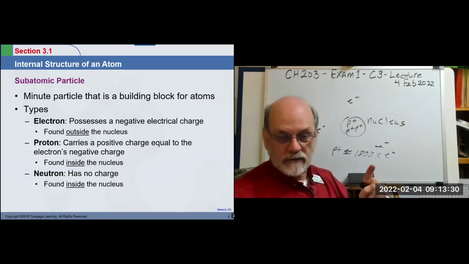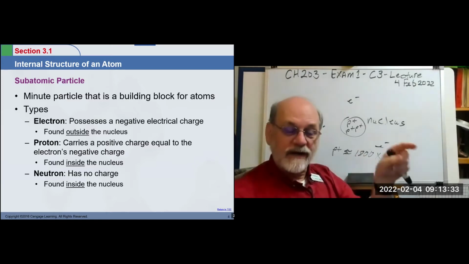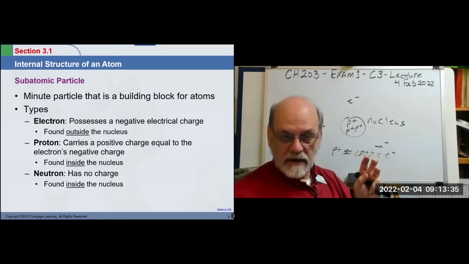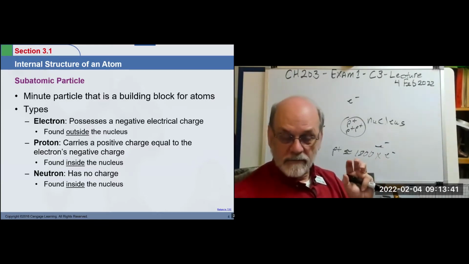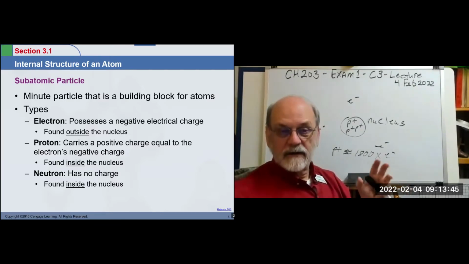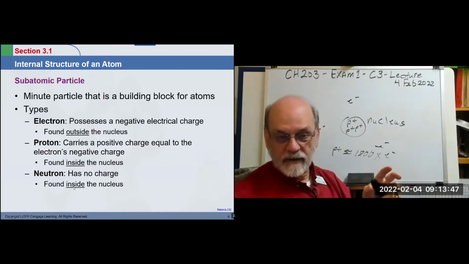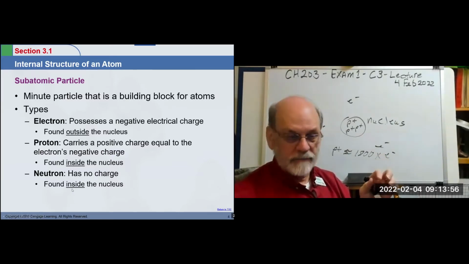It had to be neutral, because with the proton and electron, the neutrality of the atom had been established. The balanced number of electrons and protons made the atom neutral, so we can't have another charged particle in the nucleus. So Chadwick, over time, discovered and proved that there was another particle in the nucleus called the neutron.